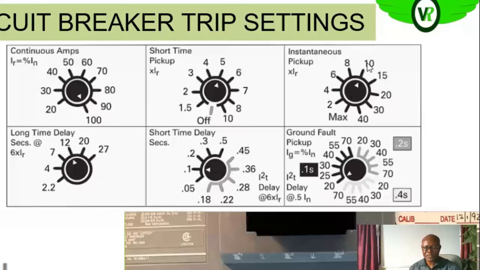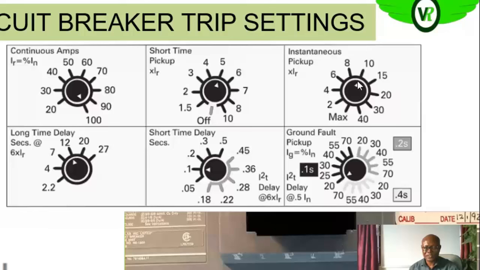So assuming you take 10 times the continuous current rating, remember, we made this breaker 500 amps. 10 times is 5,000. So if we have very high current events like short circuit current, anything 5,000 and above, we expect the breaker to trip instantaneously.